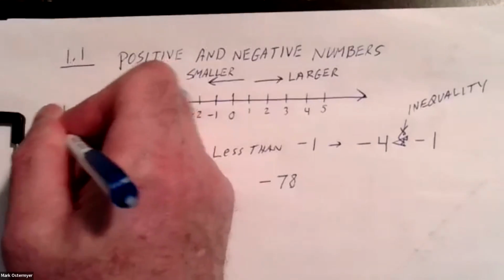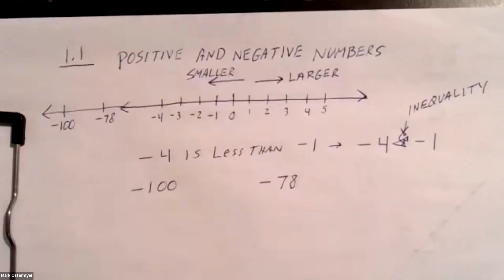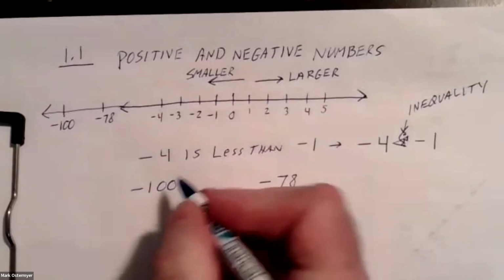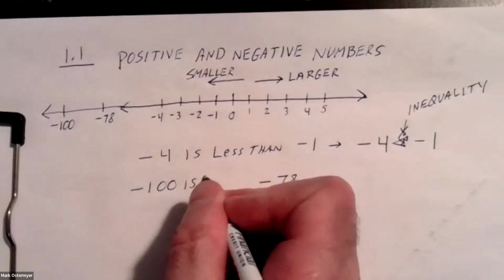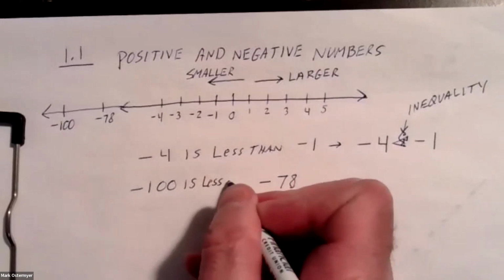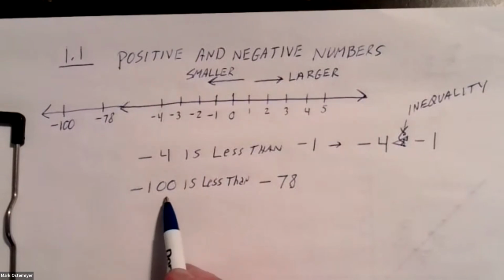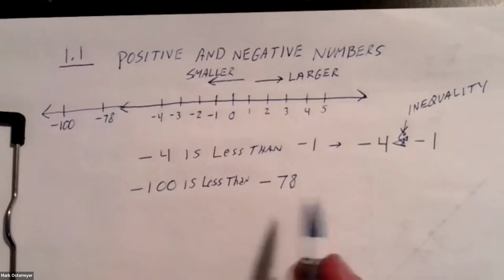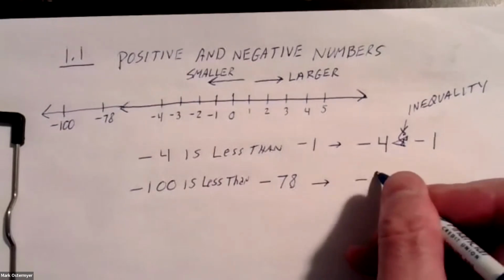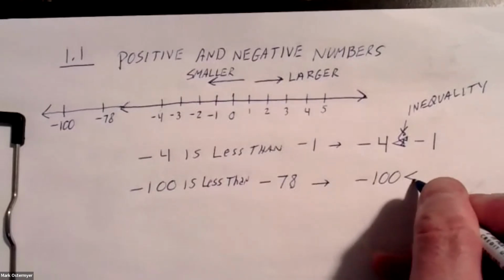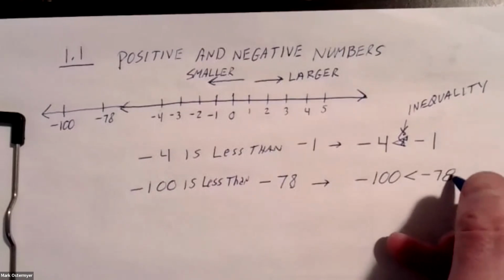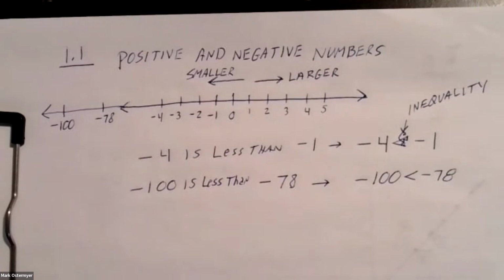Then we'd have to go further to the left to run into -100. Because of that, -100, we say, is less than. Do you agree? So -100 is less than -78, and we would write that using our inequality symbol as such: -100 is less than -78.